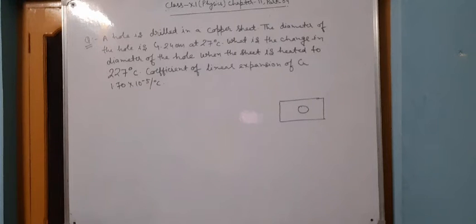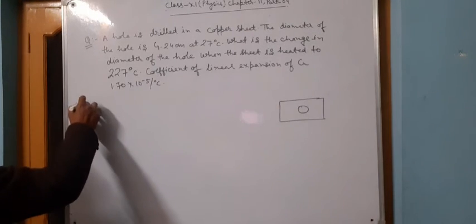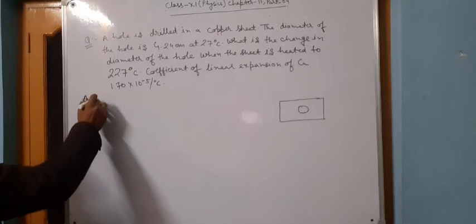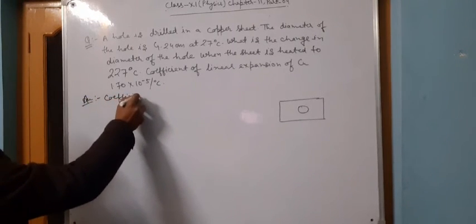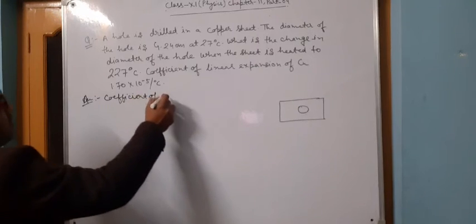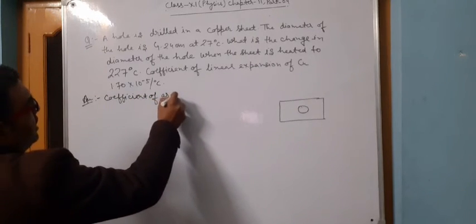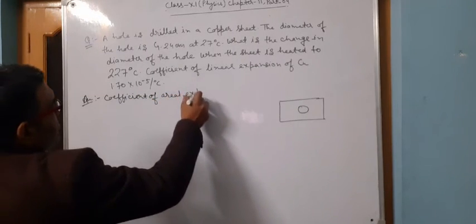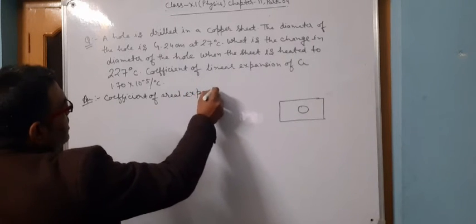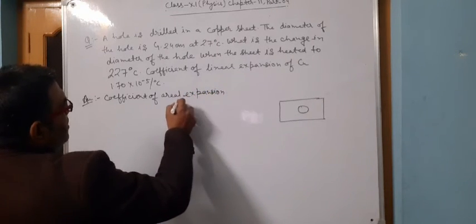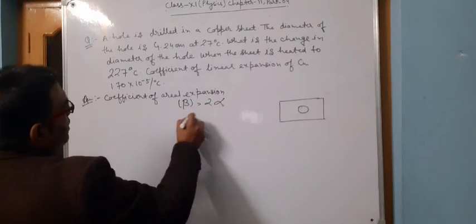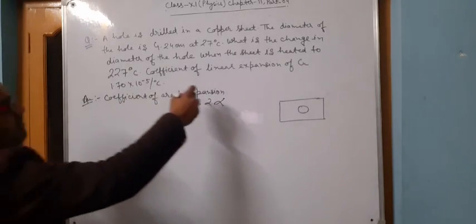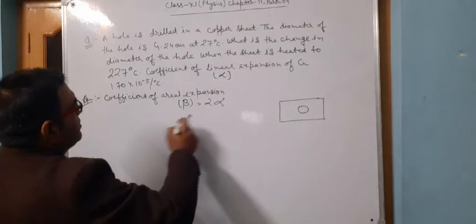So we can find the coefficient of areal expansion, and this is equal to beta, and beta is what? Twice of alpha. This is the value of alpha, linear expansion.